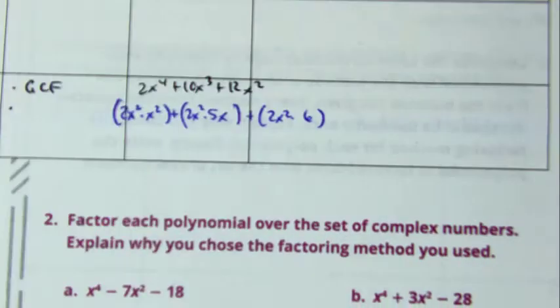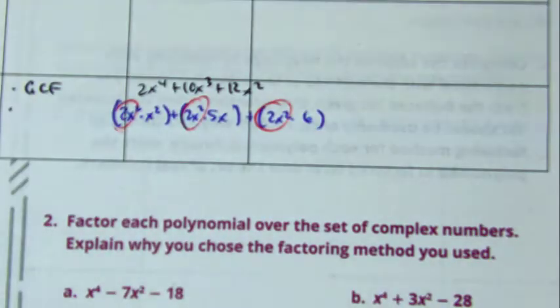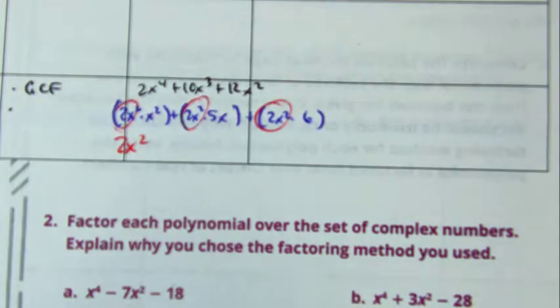Try to see what I did there? My greatest common factor is the 2x squared. So 2x squared, and then I write everything that I don't have. x squared plus 5x plus 6.